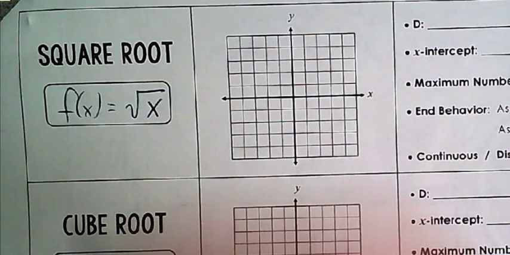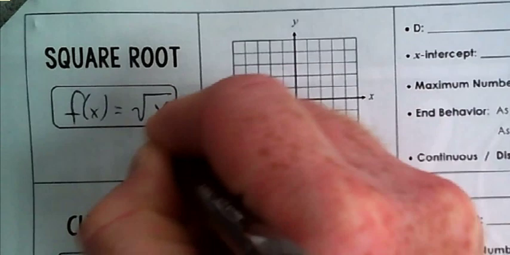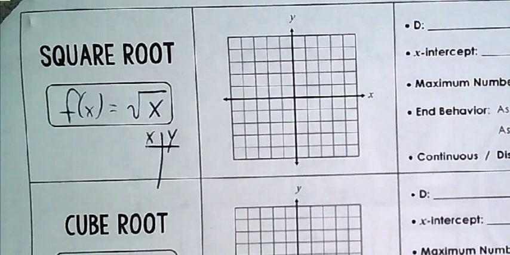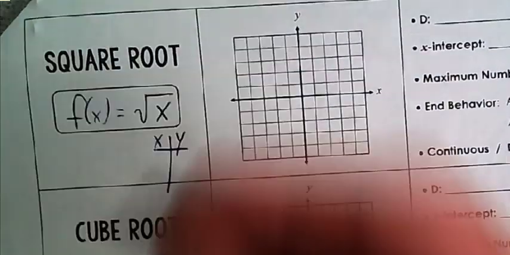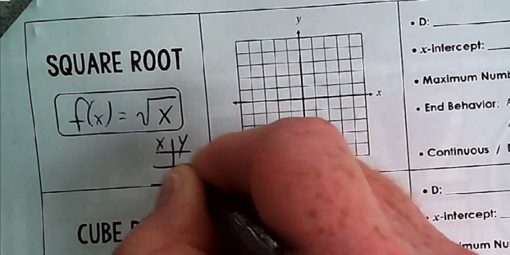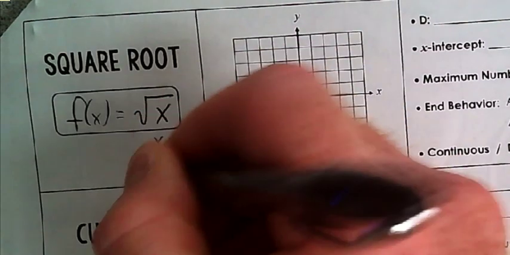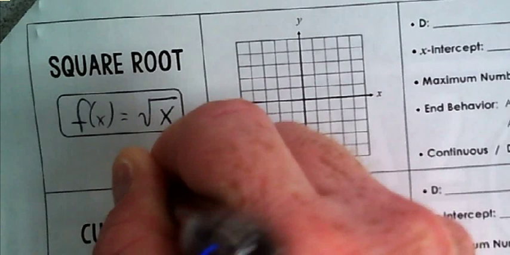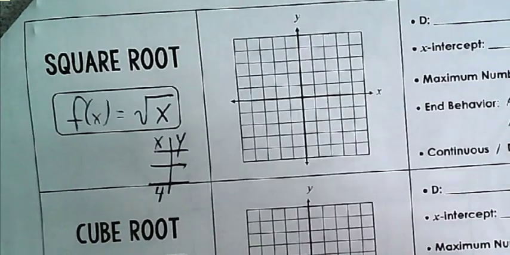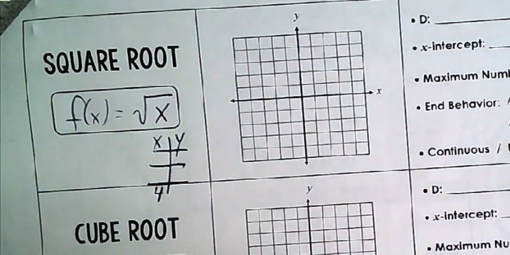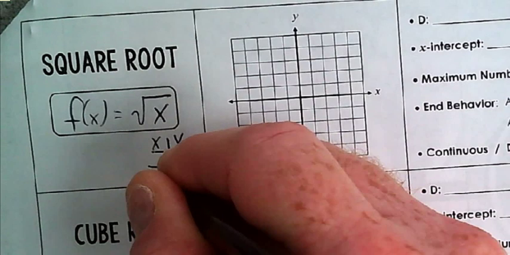So when I choose the values for my little table here, I want to choose values that I can take the square root of. So what is a value I can take the square root of, a small number? 4. Alright, so I'm actually going to put 4 right here. What's lower than 4 but you can still take the square root of it? 1.